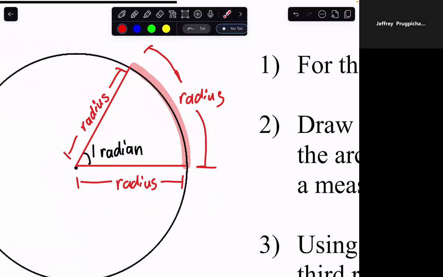Up till now, we've been using degrees, right? Which is why I've been making such a big deal about the little degree symbol. But we can also measure angles in radians. For a lot of calculations, radians are actually better, because it's based on the radius, right? So the fact that the arc length is a radius will be very useful in some situations.